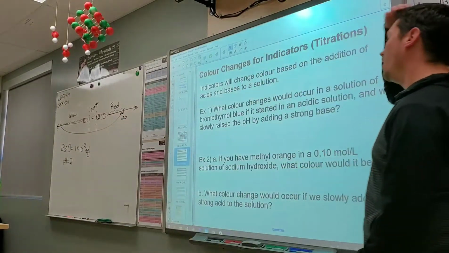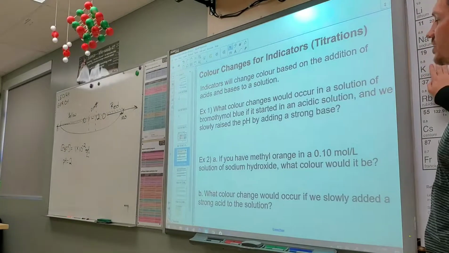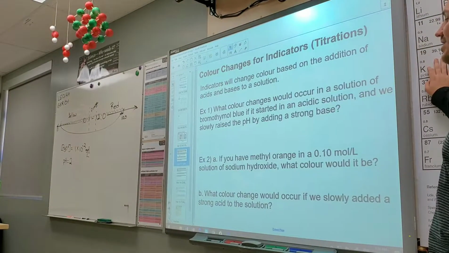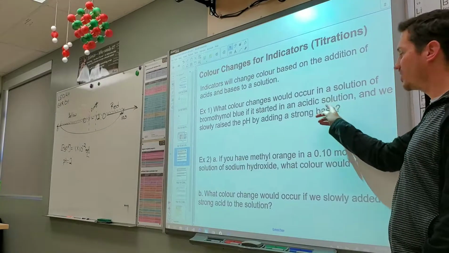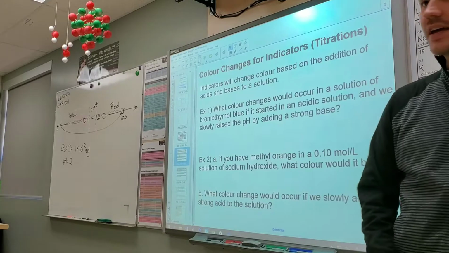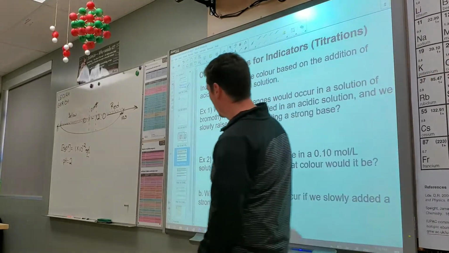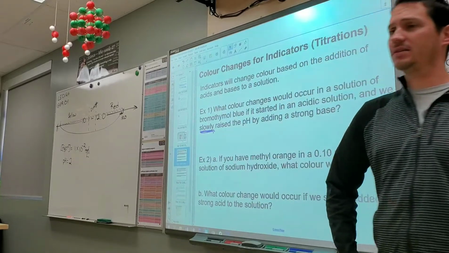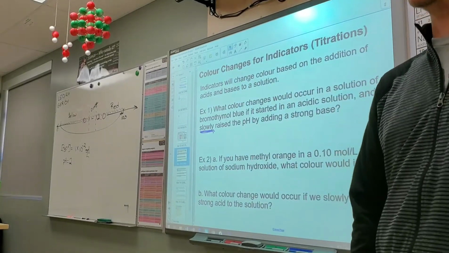So let's think about what color changes would occur in a solution of bromothymol blue if it started in an acidic solution and we slowly raised the pH by adding a strong base. The key word here is slowly adding it. What color transition would I see?